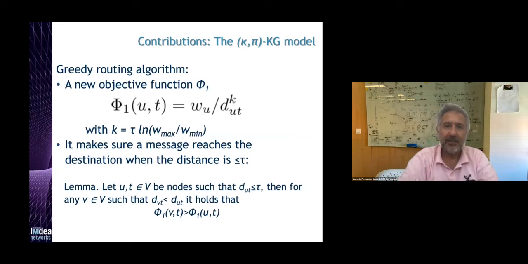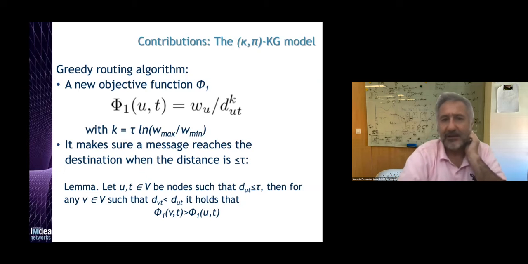So the second contribution is to propose another routing algorithm. It is again strongly inspired by the phi algorithm. We remove aspects from that function, like the number of nodes or the minimum weight that appears in the network, which we believe are not essentially necessary.